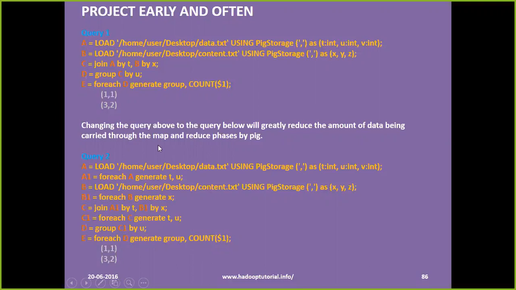Even this will give the same result. Here you will see more lines of code, but you are reducing the data that gets transferred across the join and the subsequent steps, the join and group by statements.